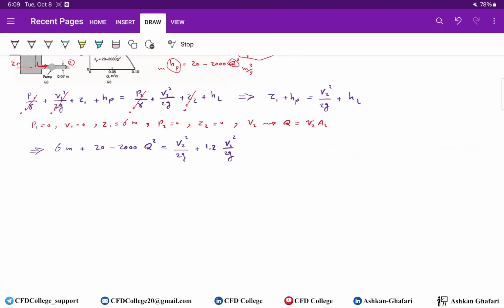So we have this, and from this we know V2 equals Q over A2.